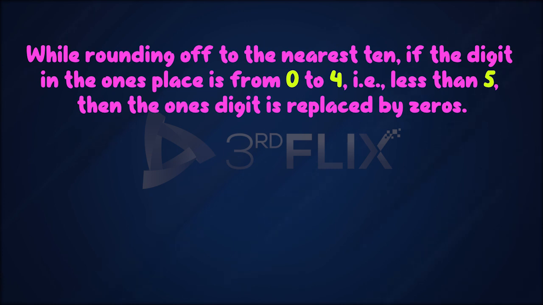While rounding off to the nearest 10, if the digit in the ones place is from 0 to 4, that is less than 5, then the ones digit is replaced by zeros.